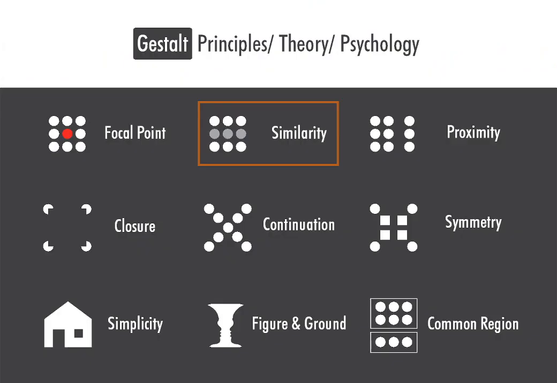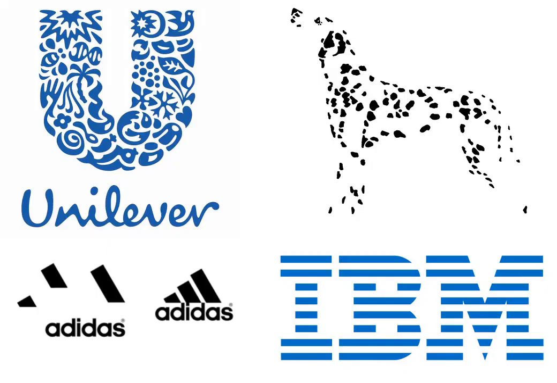Okay. Now proximity. It's simple but difficult to create one. When objects are placed together, people perceive them as a group, not separate leaves, not separate dots or lines, horizontal lines.